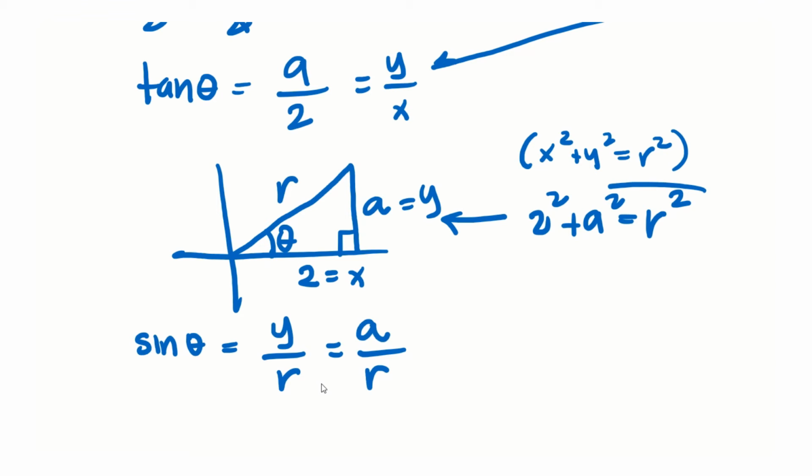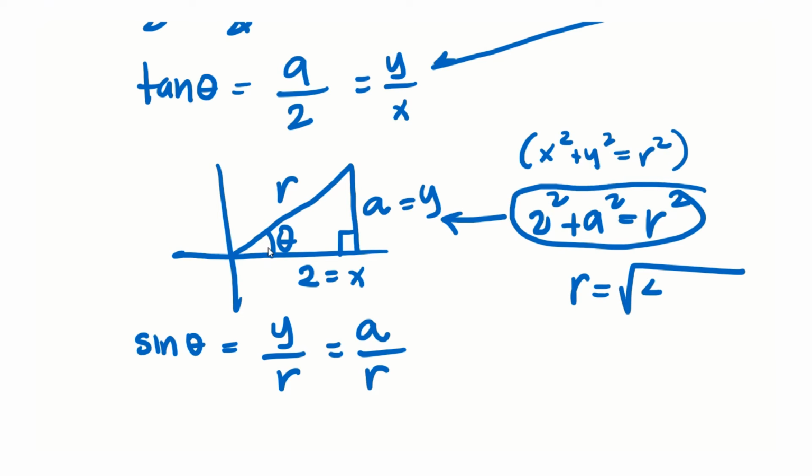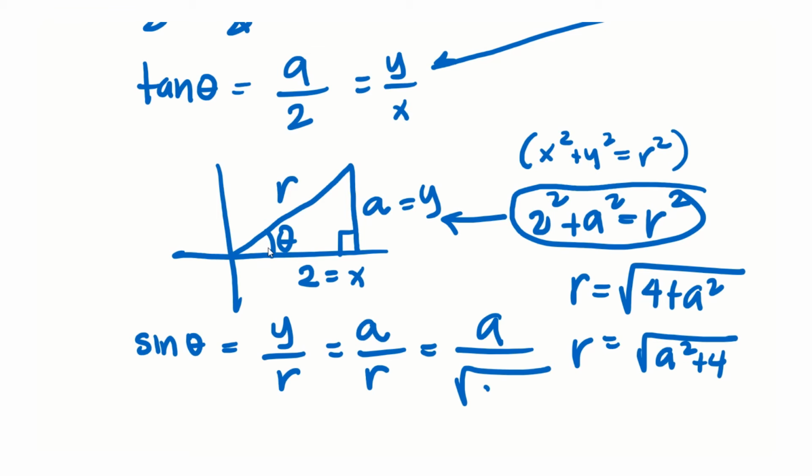But our r will come from 2 squared plus a squared equals r squared. So r equals the square root of 2 squared plus a squared, or in other words, the square root of a squared plus 4 equals r. So this is a over the square root of a squared plus 4. Now we have found the sine theta.